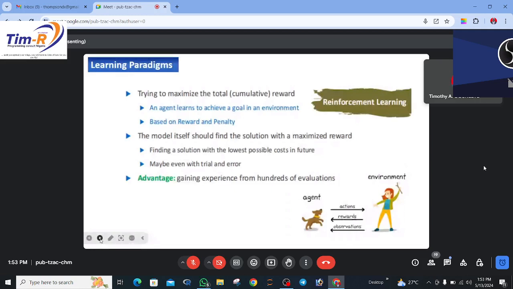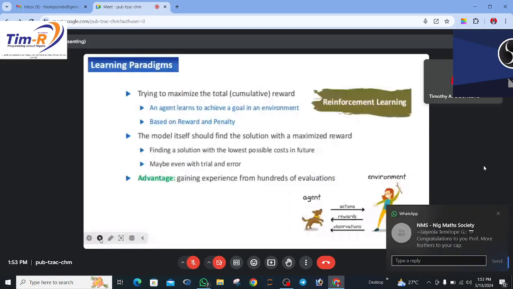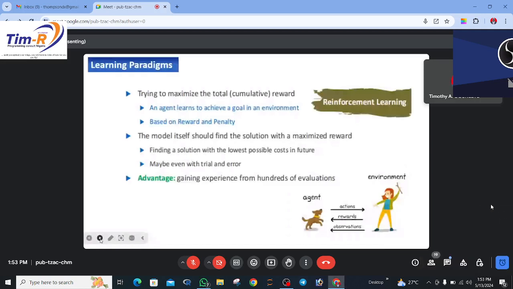The model itself should find the solution with a maximized reward and the lowest possible cost in the future, even with errors. Its advantage is that it has experience from hundreds of evaluations.